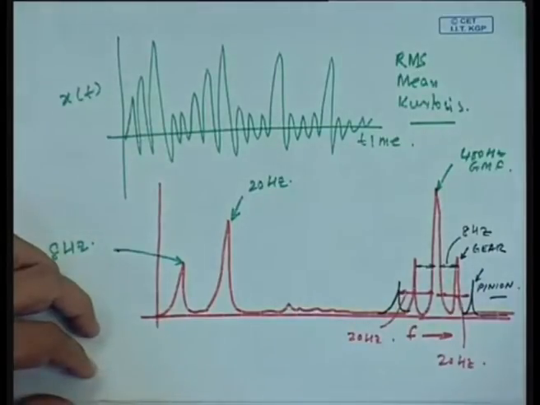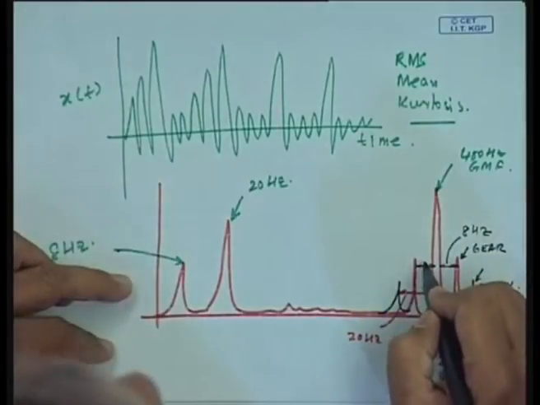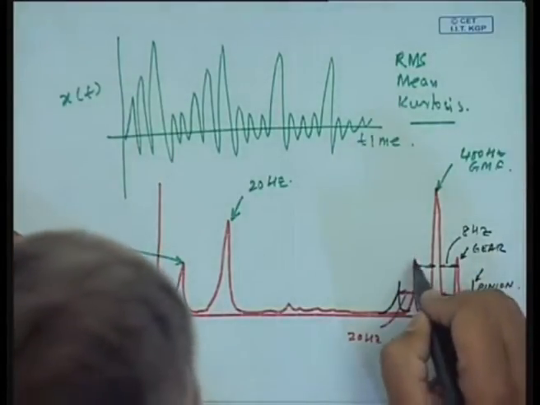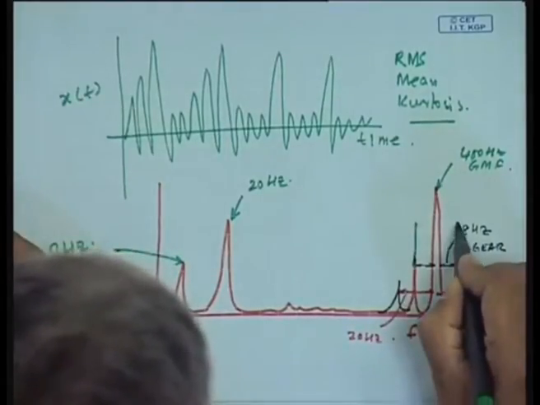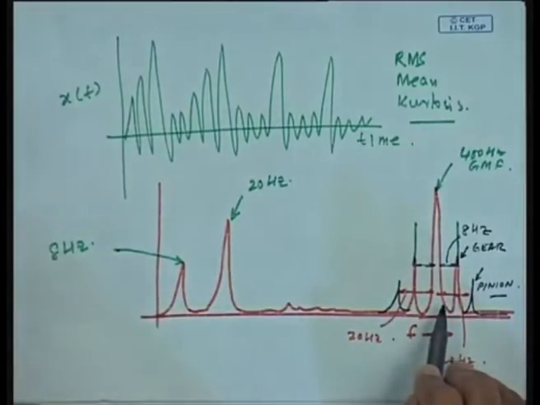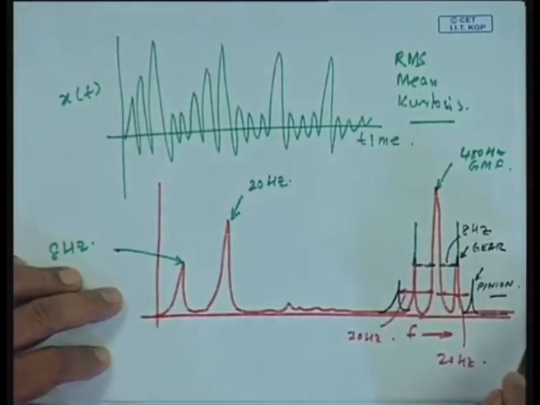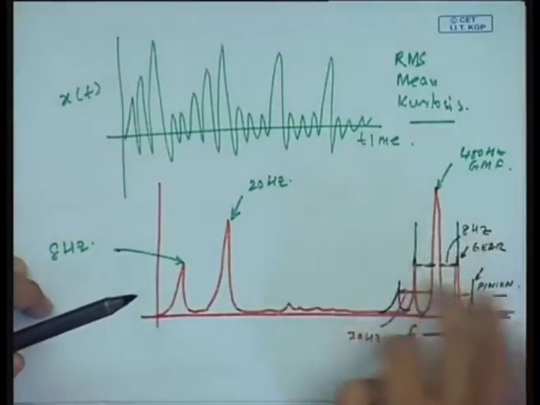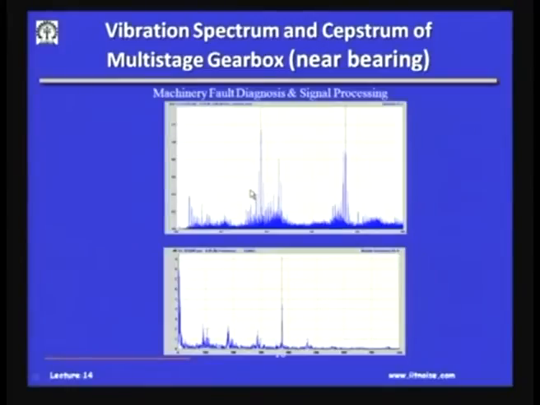So, what is going to happen? Now, if there is a defect, it may so happen that the amplitude of the sidebands around the gear mesh frequency is going to increase. The frequencies are not going to change, frequencies are fixed because of the phenomena. So, the amplitude of the sidebands will increase, and this is very nicely explained here, but in a real world signal it will be very difficult first to identify the sidebands, forget about knowing whether they have increased or decreased.